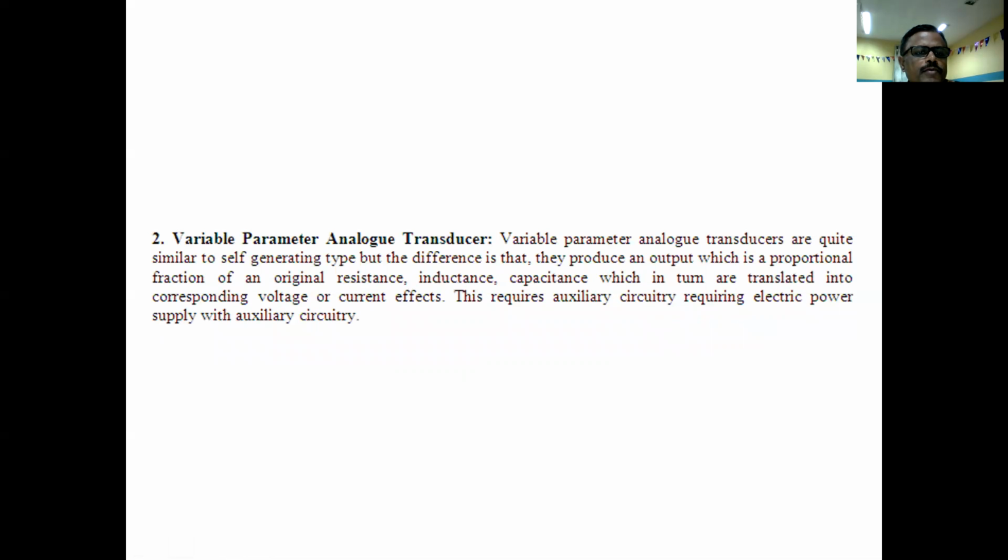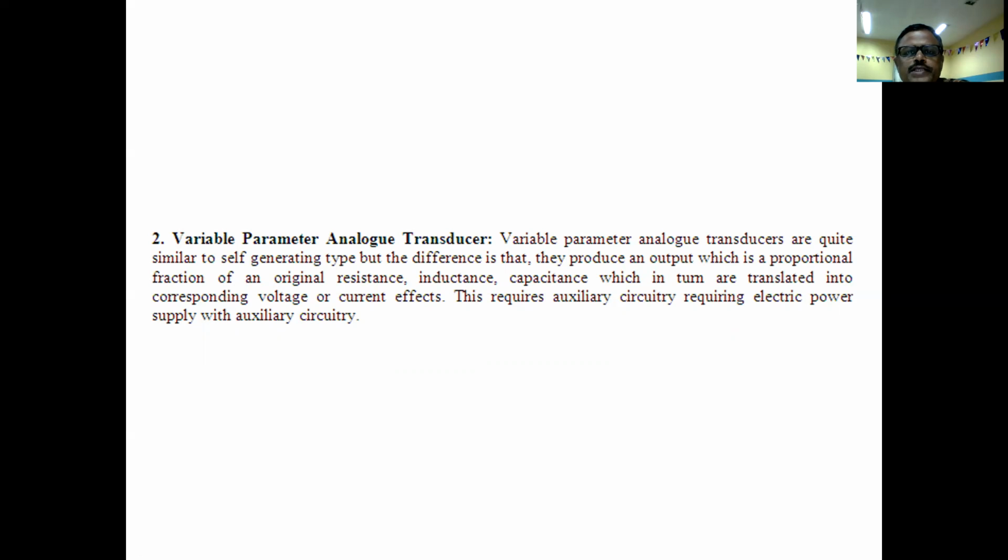Then we have variable parameter analog transducer. What is variable parameter? So variable parameter analog transducers are almost similar to self-generating type of transducers.